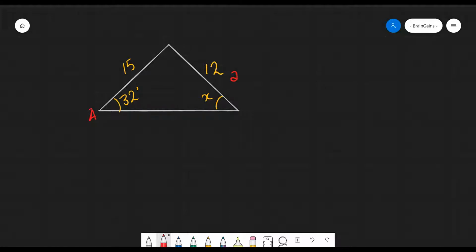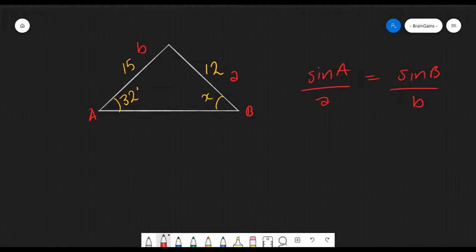Keep in mind, because the sine rule says that sine A over A is equal to sine B over B, the sine rule can only allow us to find corresponding sides and angles. Because we have another side of length 15, let's call that side B. This means we're only able to find its corresponding angle, which happens to be x in this situation.